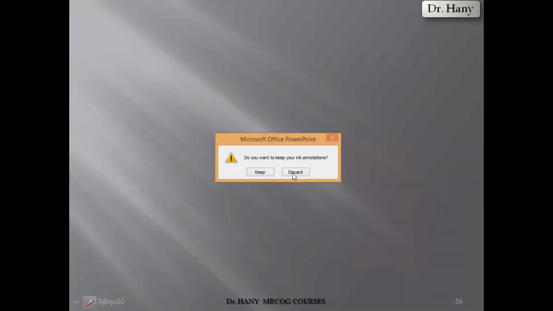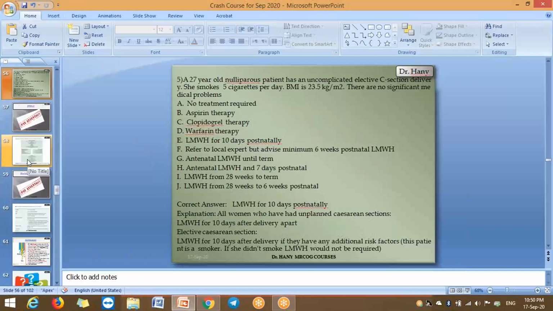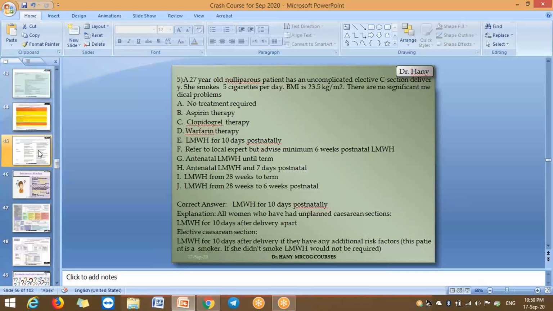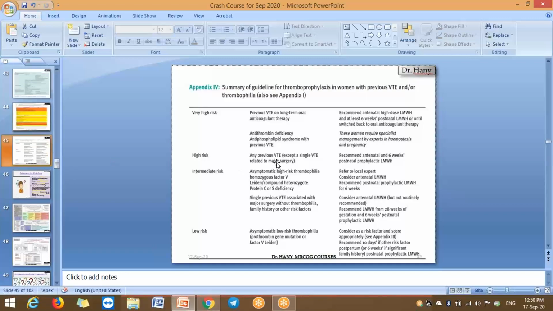You see here, this chart is very important. Asymptomatic high risk thrombophilia or protein C or protein S deficiency should be referred to a local expert, consider antenatal and recommend postnatal prophylaxis.